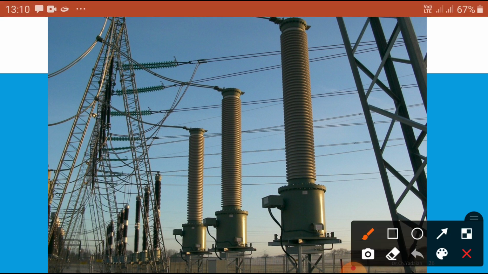In this case, this is the R phase, Y phase, and B phase. You can see the output terminals. Based on these output terminals you will measure, so that's why there is a switch: R phase, Y phase, B phase connected switch.